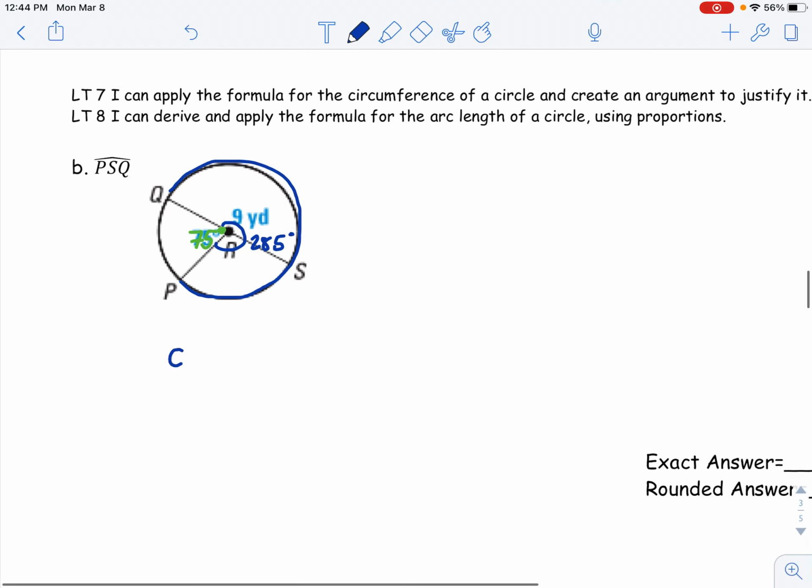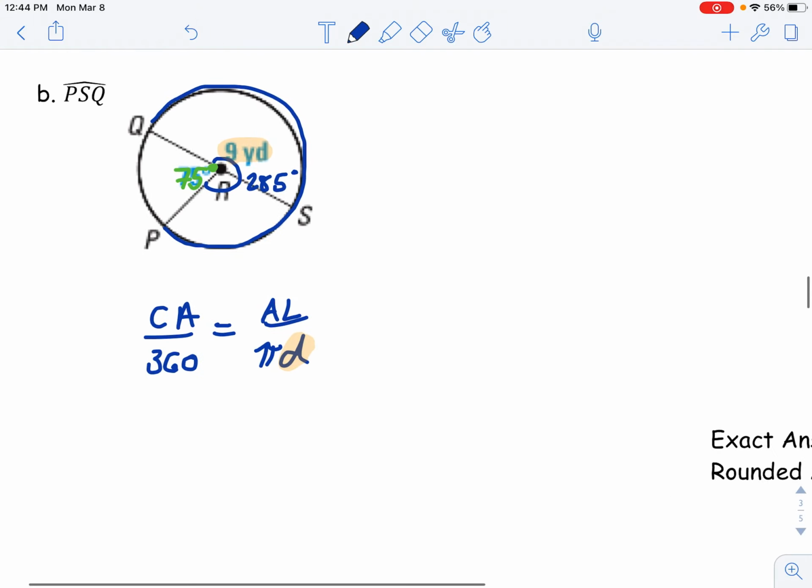All right, so I'm gonna have central angle over 360, a portion of 360 over 360, arc length, which is a portion of the circumference, over the whole circumference. Instead of writing 2 pi r this time, I'm gonna write pi d, because this time it gave me the diameter. All right, so just a little bit more natural to use that one.